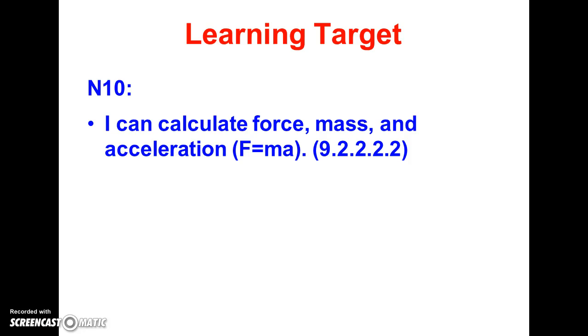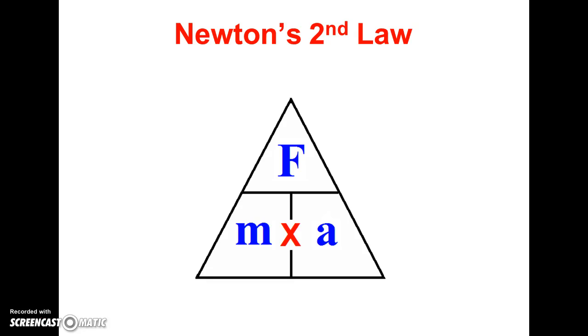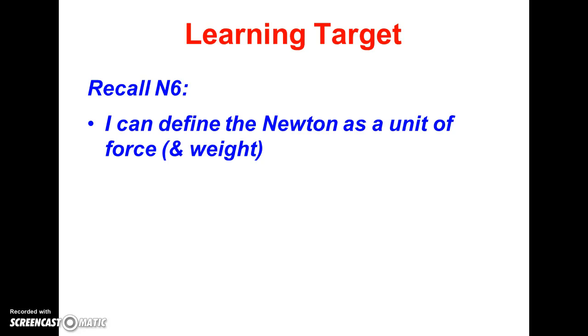Learning target number 10 is to be able to use that equation F equals ma to solve for either force, mass, or acceleration. And we have another triangle that we can use. Just remember that force is always going to go at the top of the triangle. If you recall from an earlier unit, we defined the newton as a unit of weight or force.